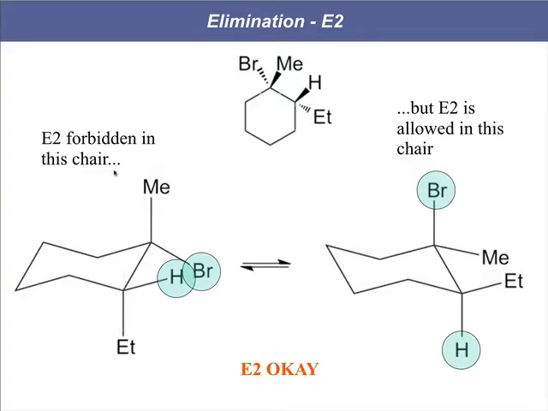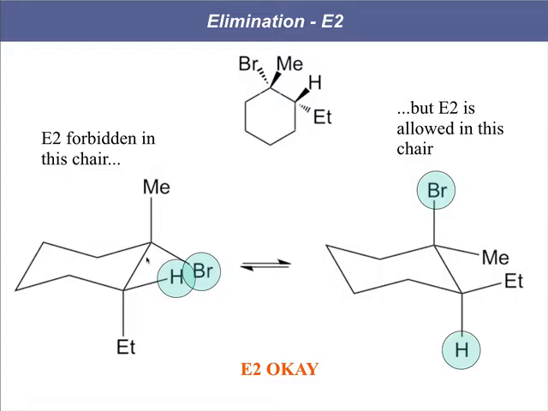You notice that in this conformation, the hydrogen and the bromine that need to be anticoplanar in order for this mechanism to proceed are not anticoplanar to one another. They are both equatorial, where one of them is kind of pointing down and away, and the other one's kind of pointing up and away.